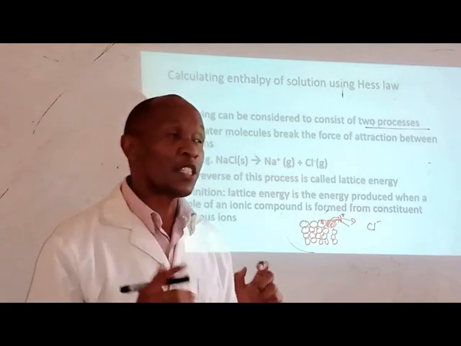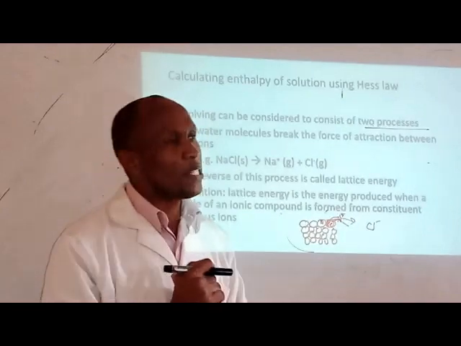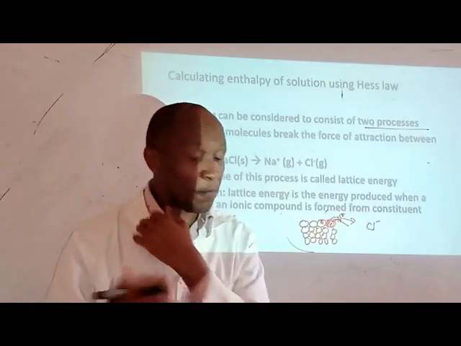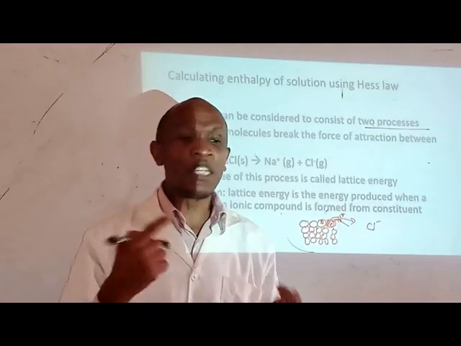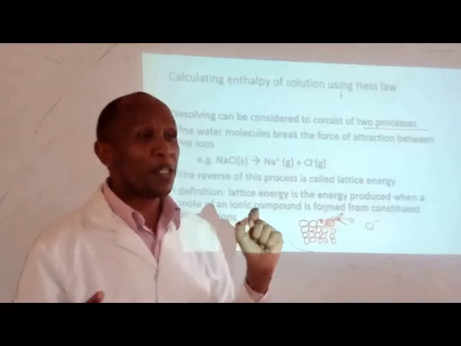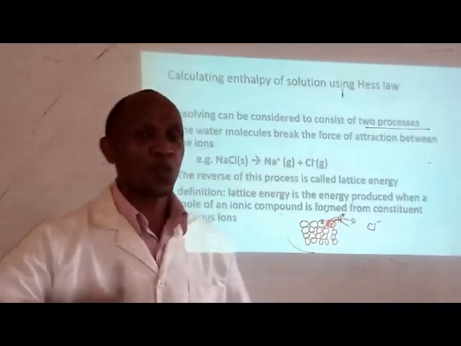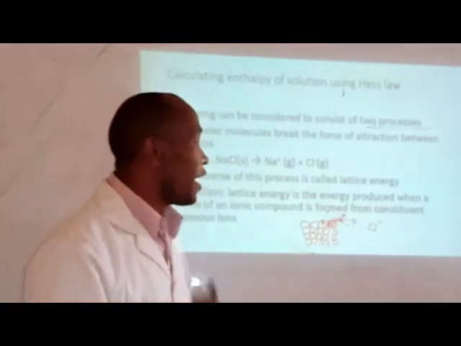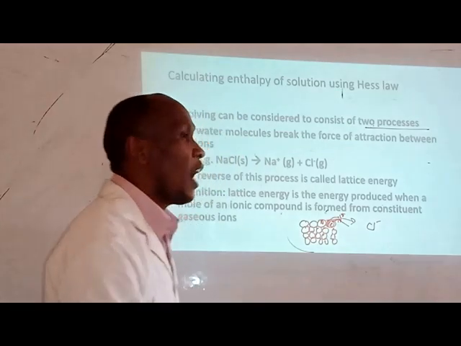The energy that is required for that is called the lattice energy. But from our books of experimental data, the lattice energy is going to be given as negative. Why do we give it as negative? Because by definition, lattice energy is the energy produced when 1 mole of an ionic compound is formed from constituent gaseous ions.